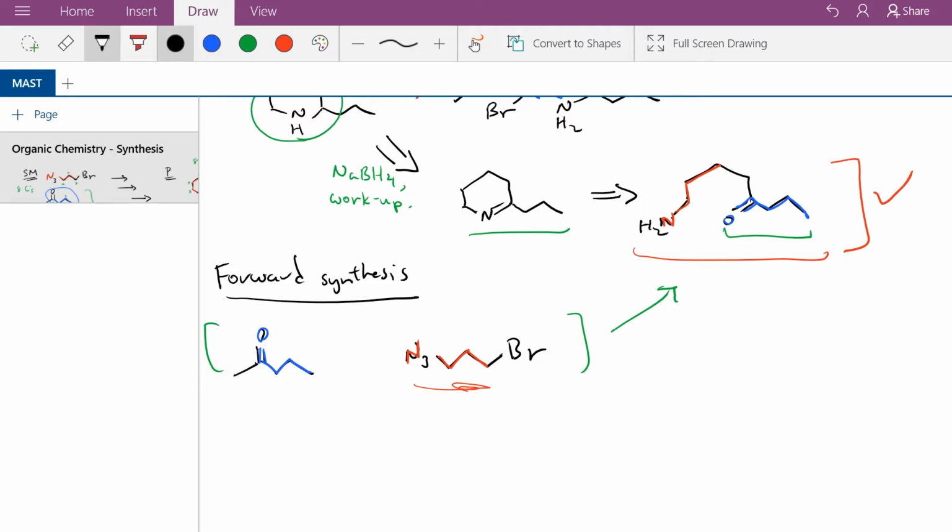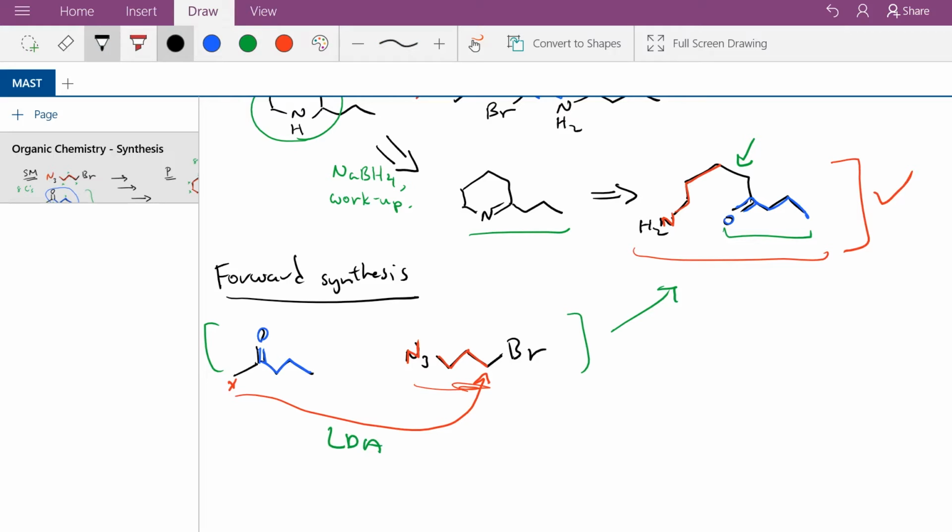However, we need to connect these two pieces together so that we get this linkage right here. So how can we do that? Well, hopefully you remember a reaction using a strong base where you can deprotonate the alpha carbon, the alpha proton right here, and have that attack a good leaving group, like here. So a good way to do that is using a strong base like LDA.